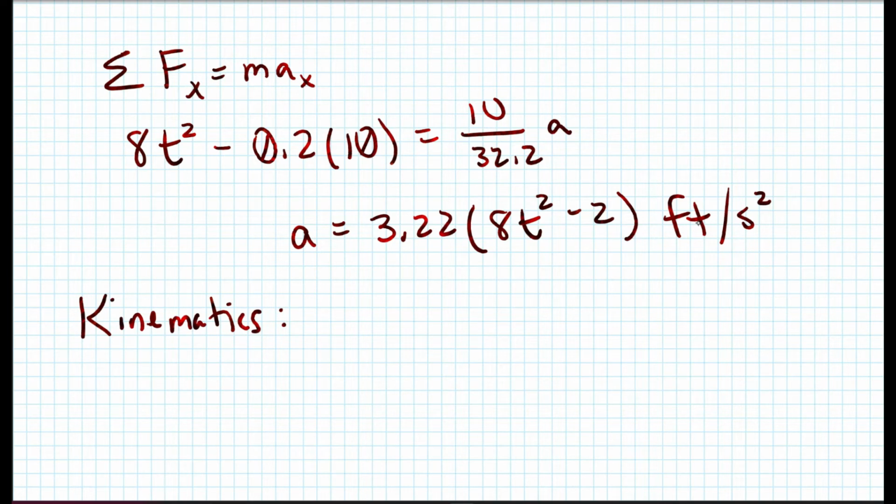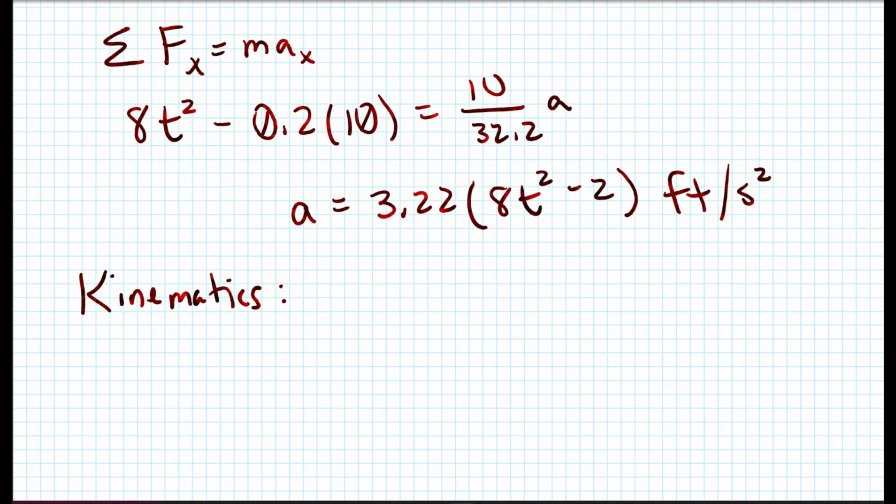Alright, so the velocity of the block as a function of t can be determined by integrating dv equals a dt.